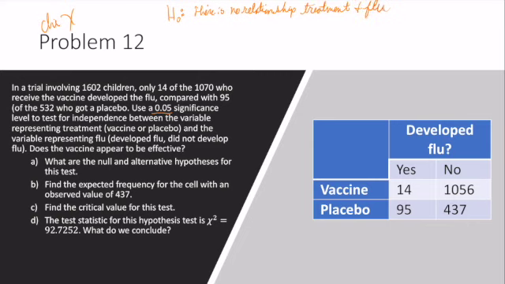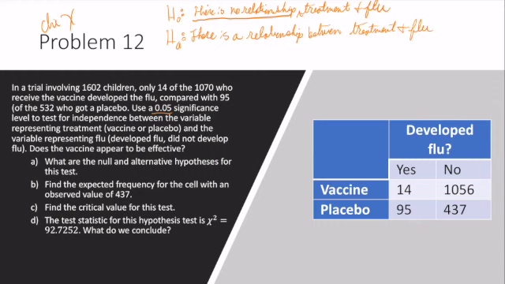It's always true for chi-squares that my null hypothesis is that there's just no relationship. My alternate hypothesis is the converse of that: there is a relationship between treatment and flu.